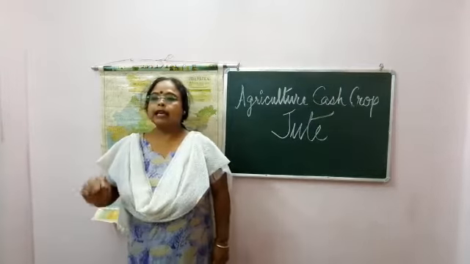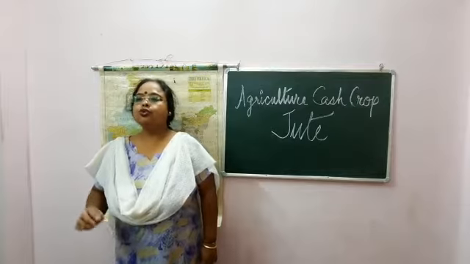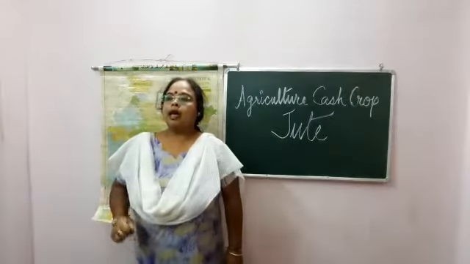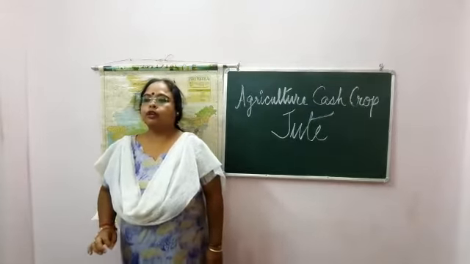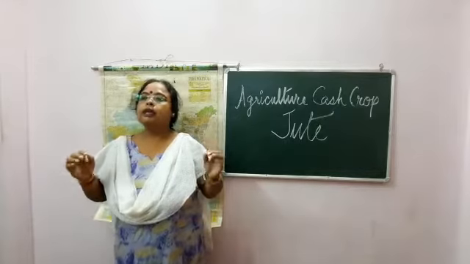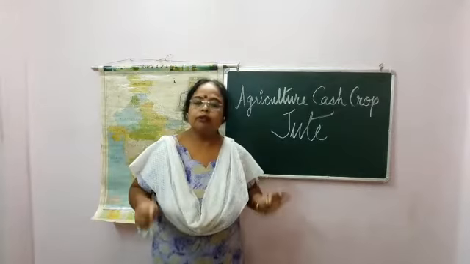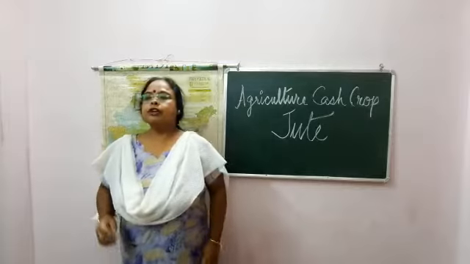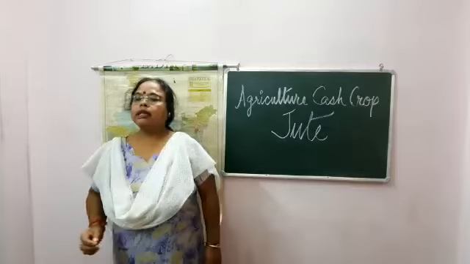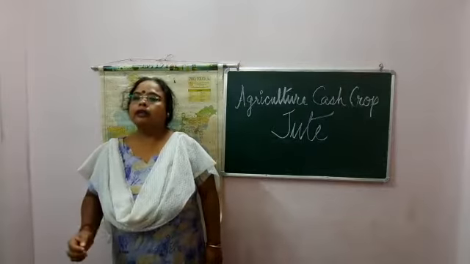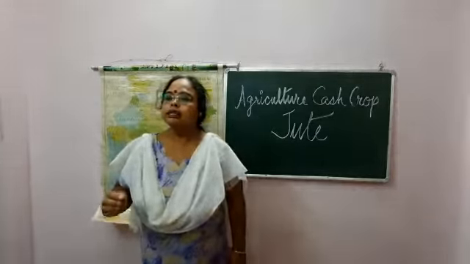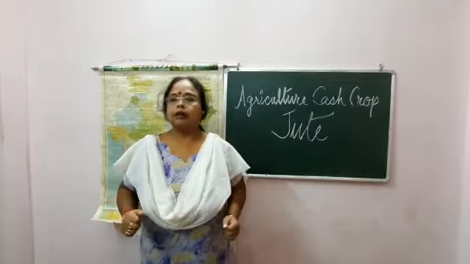It is the second most important fiber crop, and jute is known for its strength; it does not rot even after being continuously soaked in water. Because of its cheapness, softness, strength, length and luster, it has great demand.